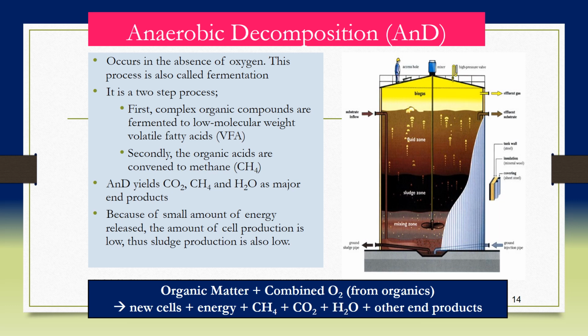So in this anaerobic decomposition, it will yield carbon dioxide, methane and water as the major end products. So kebanyakannya dia akan menghasilkan methane lah, yang membezakan antara anaerobic dan juga aerobic adalah methane gas ni.